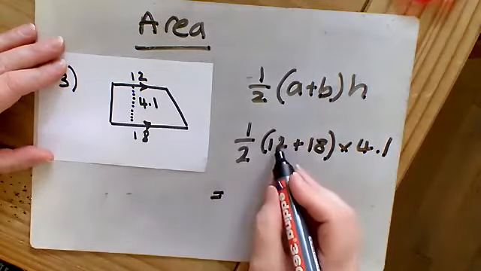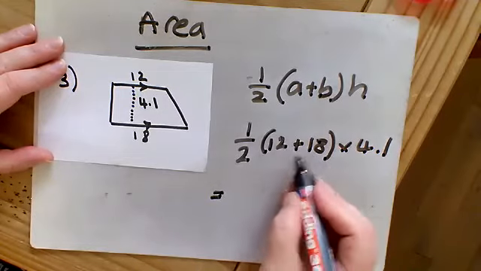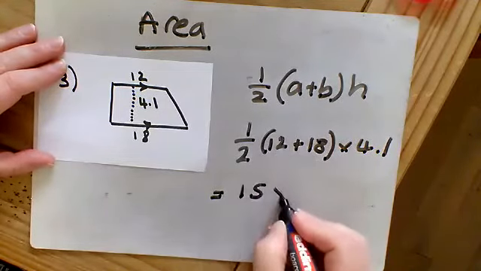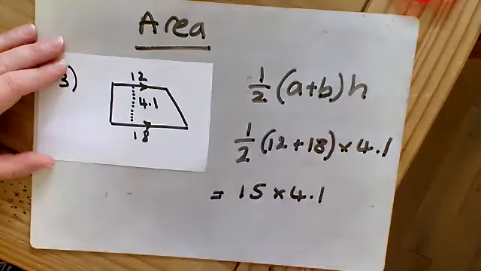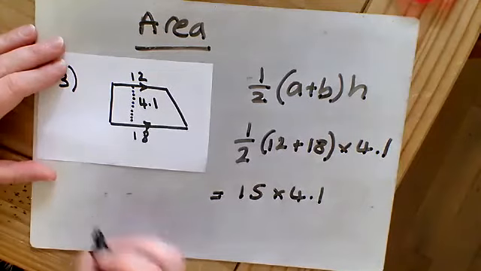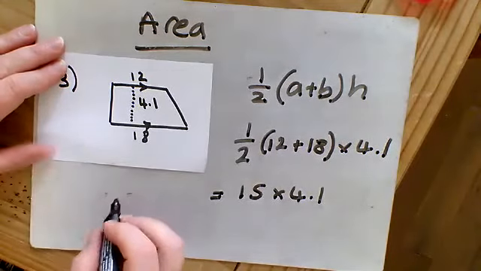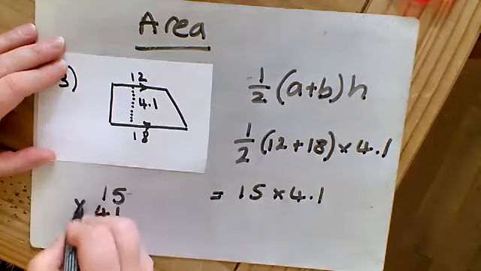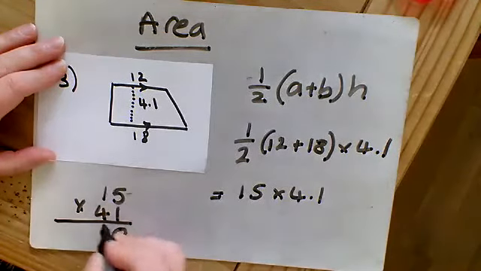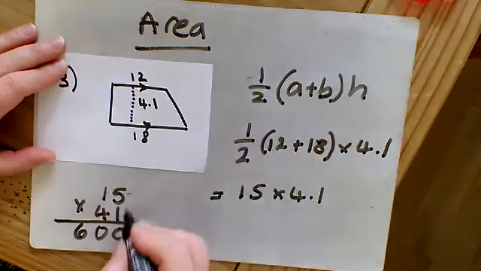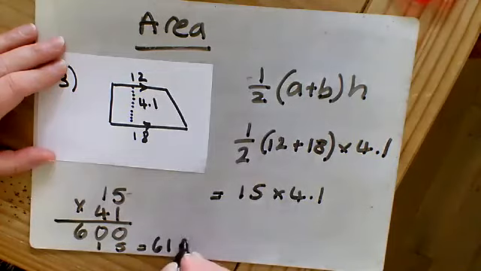So I can do 12 plus 18, gives me a grand total of 30. Half of 30 is 15. 15 times 4.1. So I can do that again using long multiplication. So that's 15 and 41. 5 times 4 is 20. Can't be, 5 and 1, so that equals 615.